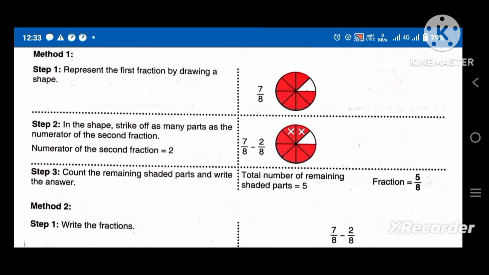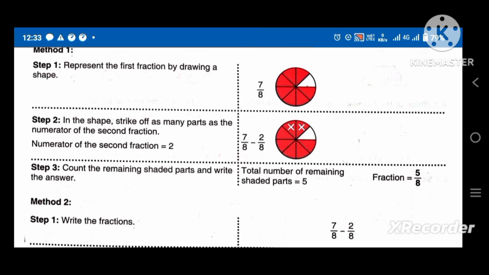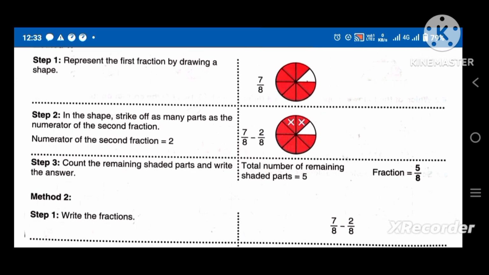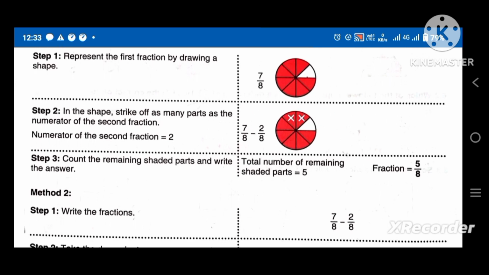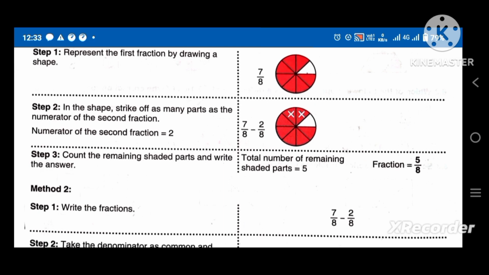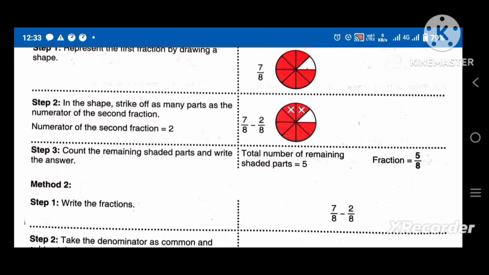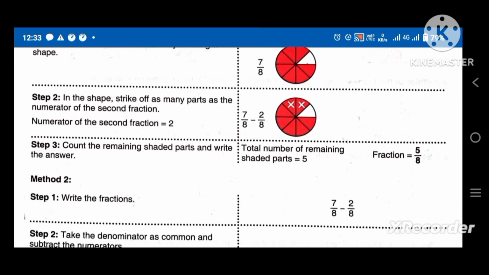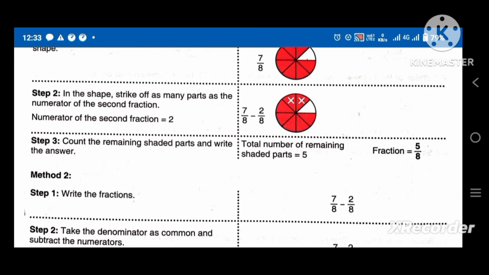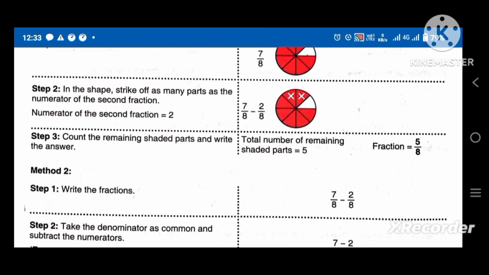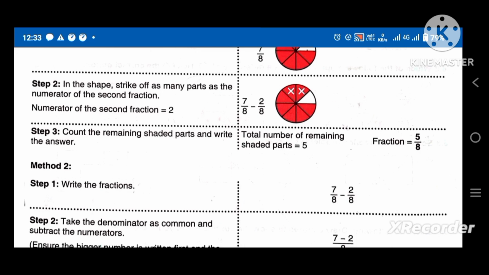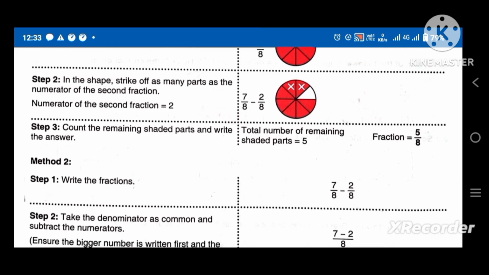Step 3. Count the remaining shaded parts and write the answer. Total number of remaining shaded parts is equal to 5. Fraction is 5 by 8. Method 2. Step 1. Write the fraction 7 by 8 minus 2 by 8. Step 2.